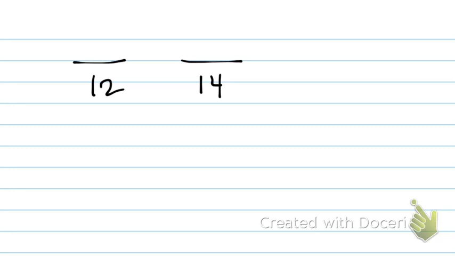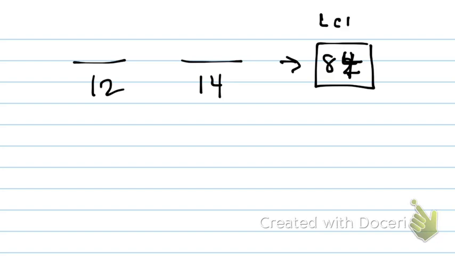Y'all got the calculators. I'm just sitting up here. Okay. Will it? It'll go in there. 84, I'm sorry. And 12 will go into 84? Okay. 7 times. Because 14 times 6, yeah, 6. Okay? So the LCD for both of them is 84.